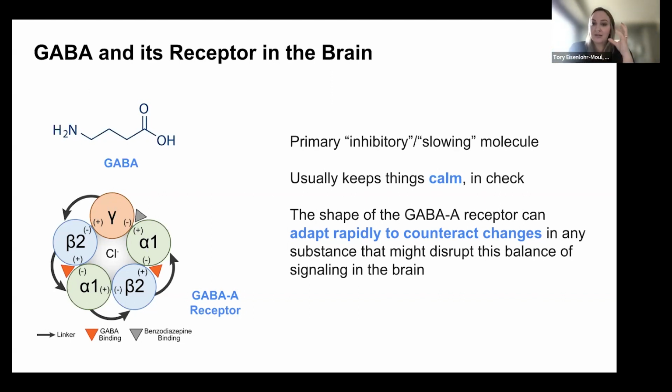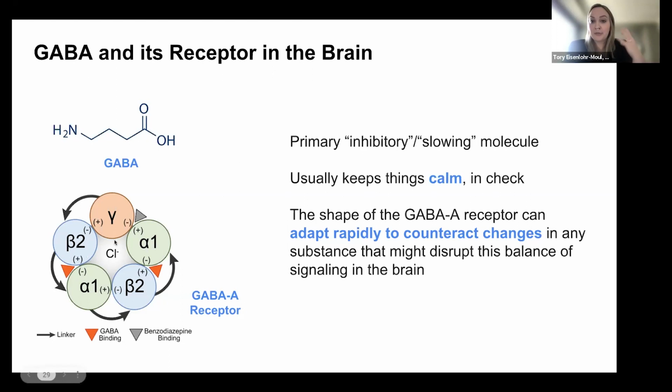So the GABA, which is the molecule, and then the receptor that it works at, they're working normally to sort of keep things calm and in check. And part of the way that they work together to do that is that the GABA A receptor, where the GABA molecule acts, is really flexible, and it can be made out of lots of different puzzle pieces, basically.